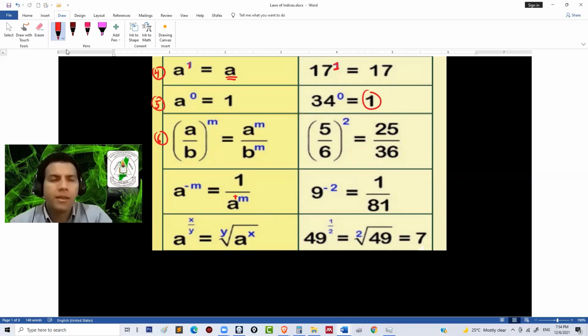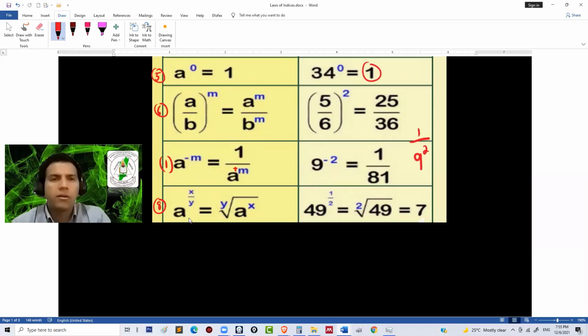Well, the factors of a are 1 and a. So if we bring down the a, we are left with 1, the factor of 1, as the numerator. So 9 with a negative 2 power. For this here, we will have to write 1 over 9 squared, which is 81.